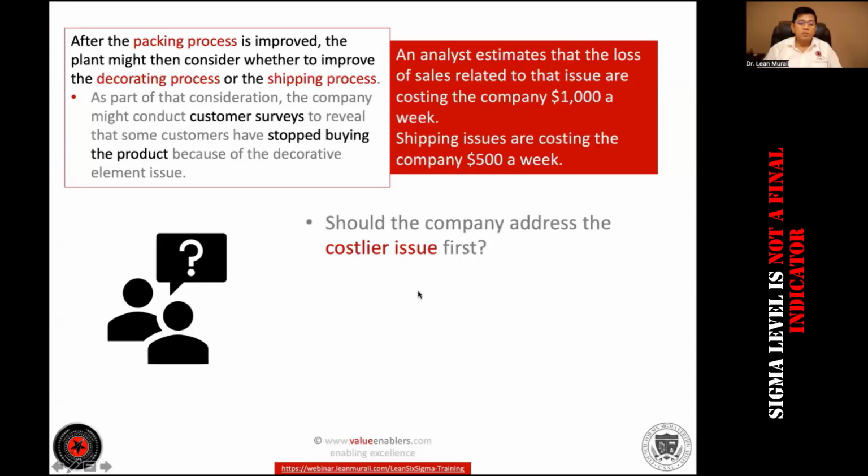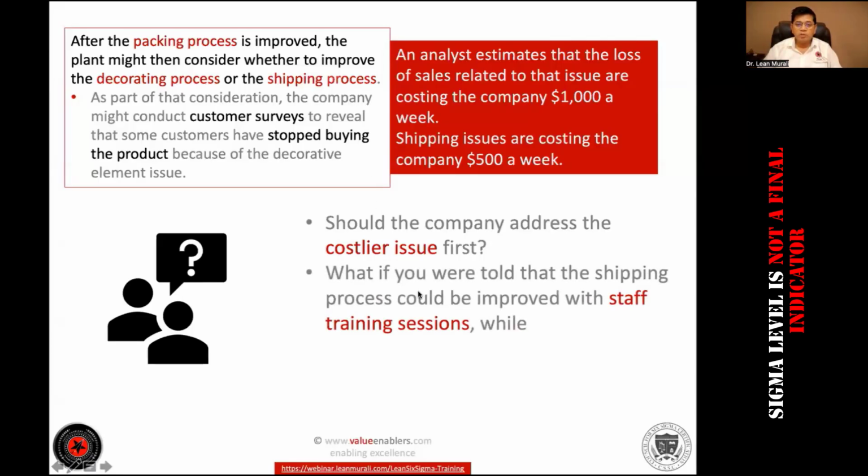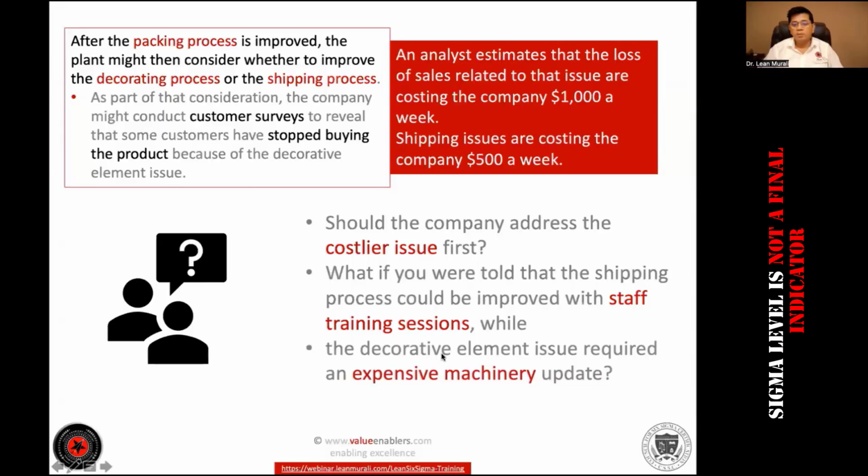So should the company address costlier issues first? What if you were told that the shipping process could be improved with staff training sessions? The decorative element issue required expensive machinery, whereas the shipping issue can be improved with training the staff.